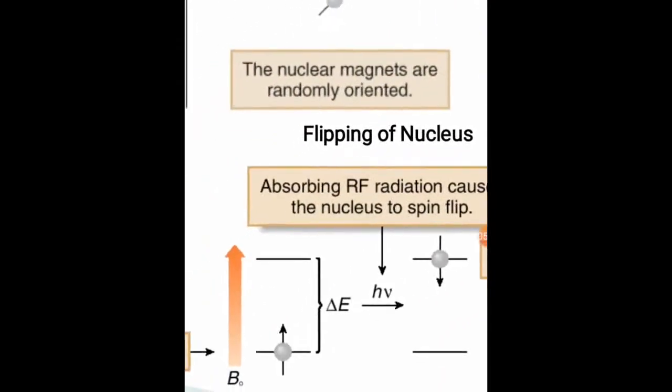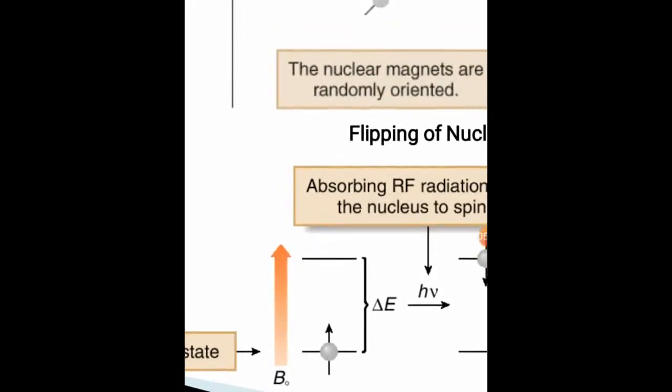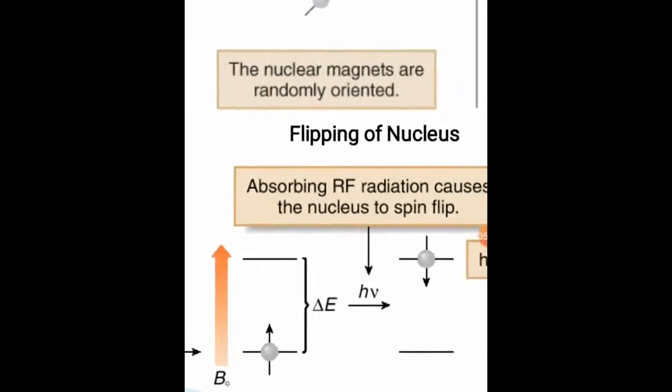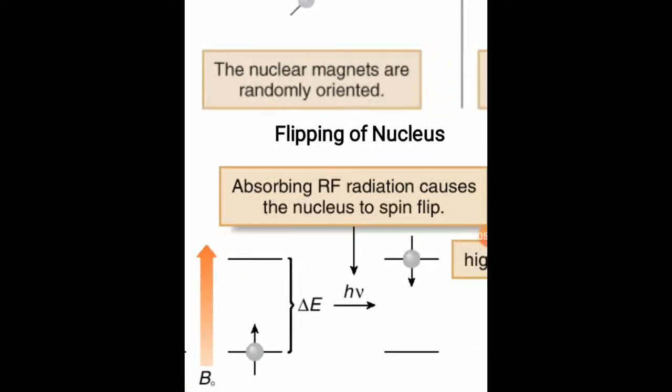Now see here in this diagram. Alpha spin nuclei from the ground state absorb radio frequency radiation and get excited to the excited state, means flipping of the nucleus. The alpha spin nucleus converts into the beta spin nucleus by the absorption of radio frequency radiation. This is the flipping of the nucleus.